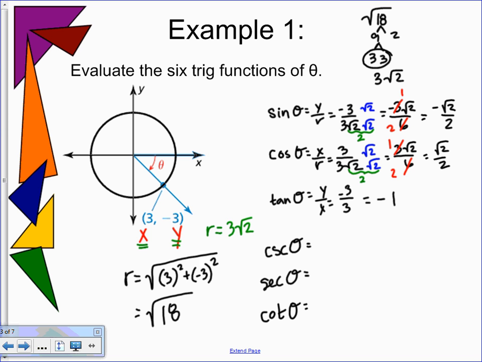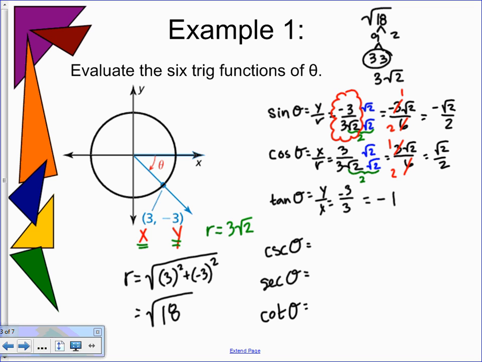So in the case of sine and cosine where I did have to rationalize, when I go to do cosecant and secant, go back to the very first thing you wrote down for y over r. When I initially did y over r, I did negative 3 over 3 square root 2.